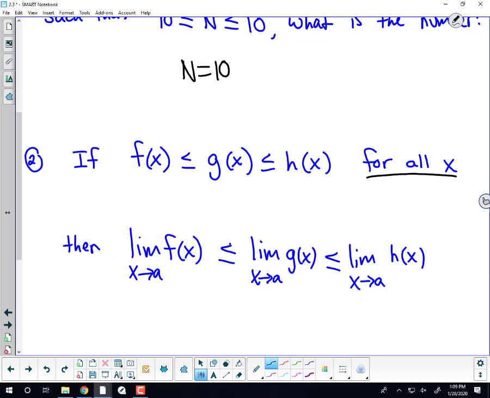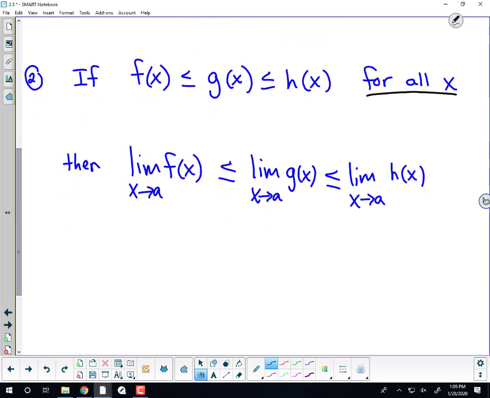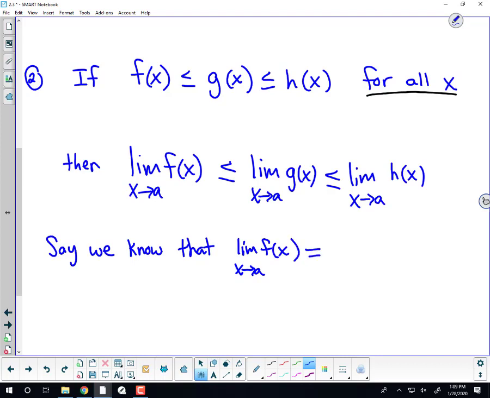All right. So what if we had that statement, and let's say we knew that the limit as x approaches a on f of x is the same thing as the limit as x approaches a for the function h of x.